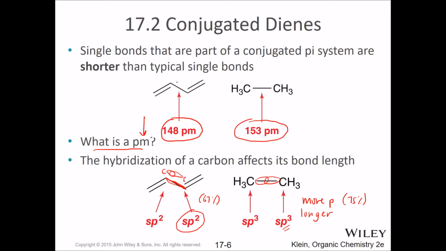But there's another reason why it's shorter, which we'll see in section 17.3. There are two reasons why that bond is shorter. How much shorter? Four picometers. It's not a big difference, but it's more than 1% shorter. The bigger things are coming up next.